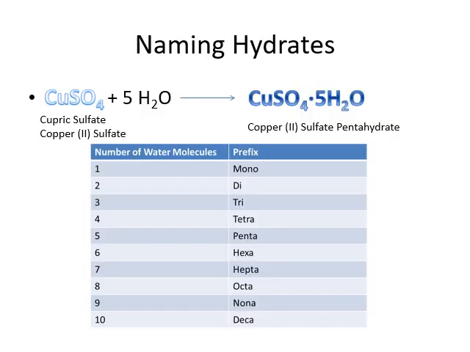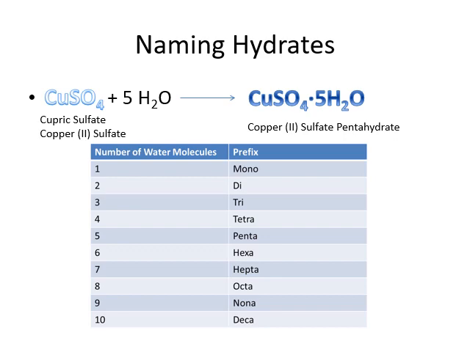When we name hydrates, we name them just like the ionic compound, but we add a prefix telling us the number of water molecules that are present. And to say that it's water, we use the word hydrate.